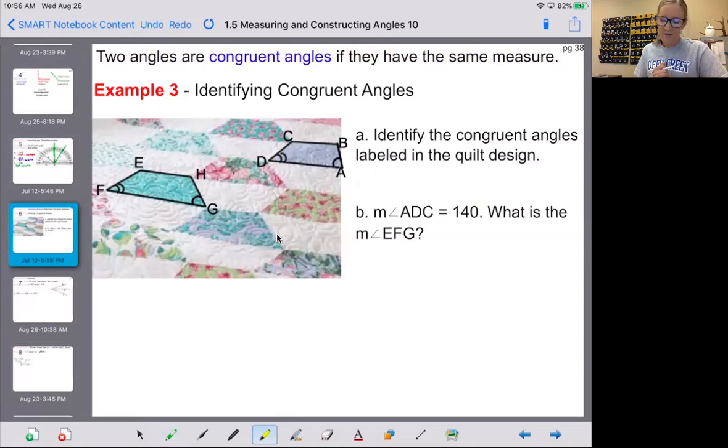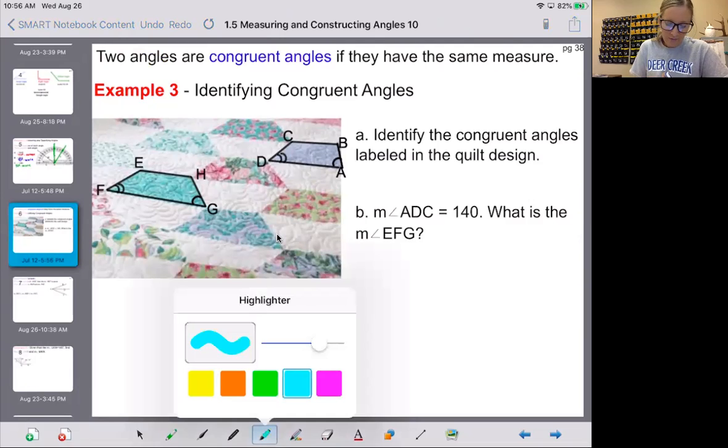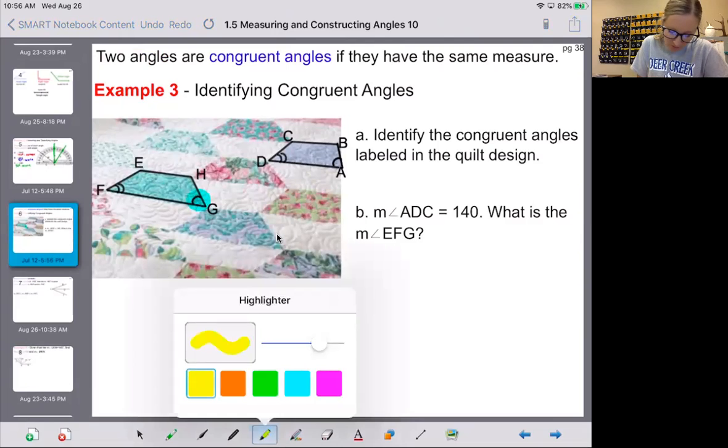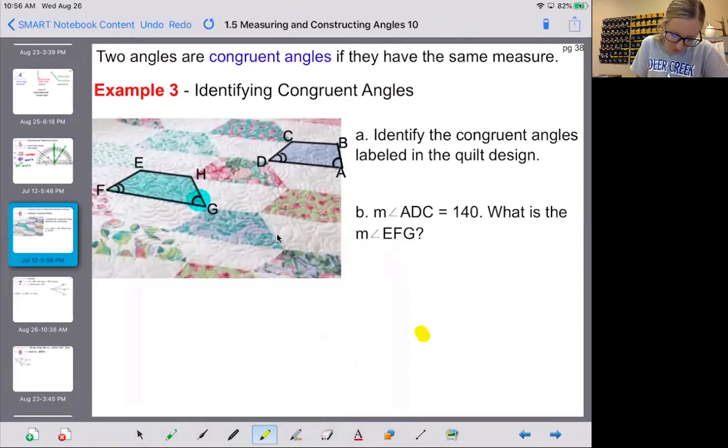It says, identify the congruent angles that are labeled in the quilt design. So if you look in the picture, we have a little swoop here, like that little, maybe I'll use a different color, this little arc looking thing, the little swoopy thing at angle G. And so that is also marked in angle A in this top picture here.